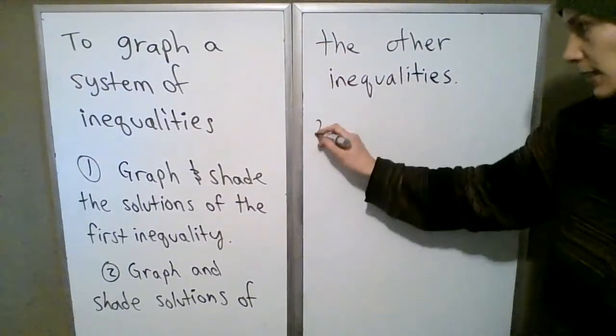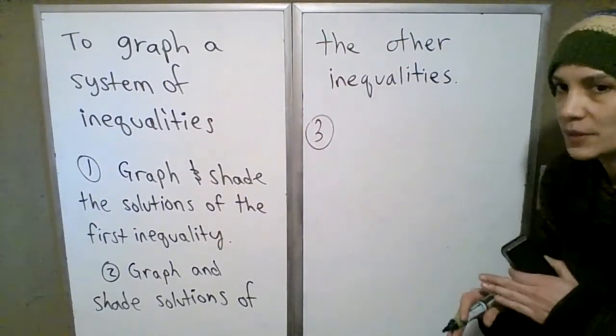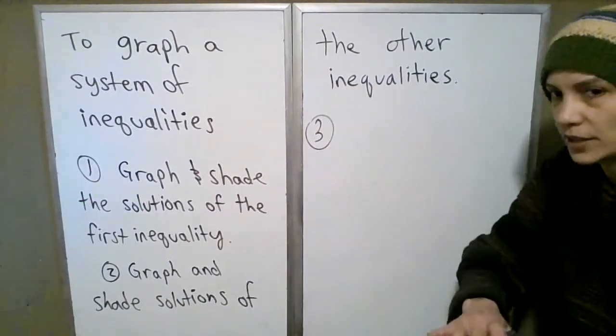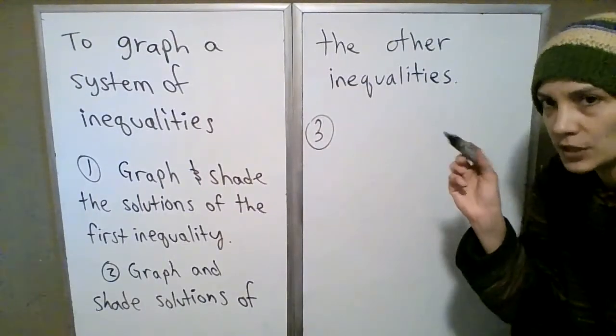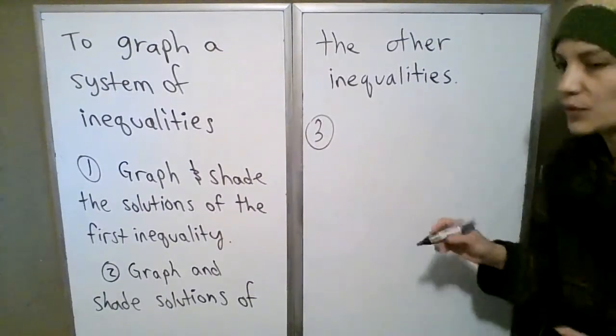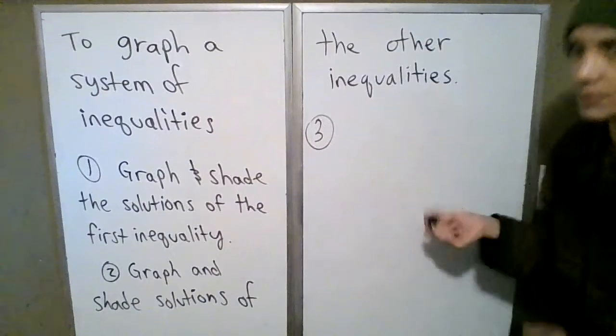Okay, and then at the end of all of that, there should be an overlapping part where the solutions kind of shade over each other. And you maybe want to extra shade that part, and that's the solution section. So the overlapping section is the solution section, and you might want to highlight that piece.